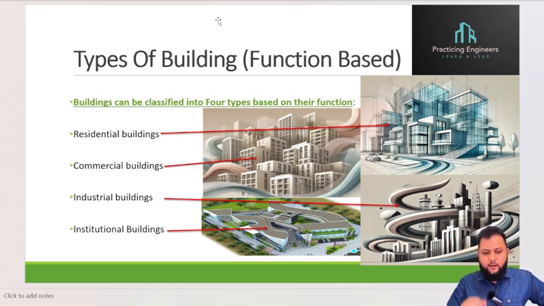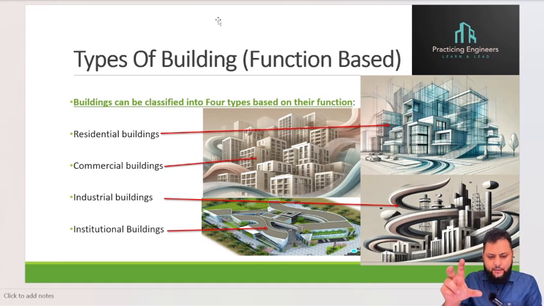The second type is commercial building, which I told you is used for commercial purposes, whether shops, offices, or any other commercial types. These buildings are called commercial buildings because they are made for commercial purposes. The third one is industrial buildings, which are made for industries, warehouses, storage houses, or to install some machinery. I mean any type of industry.